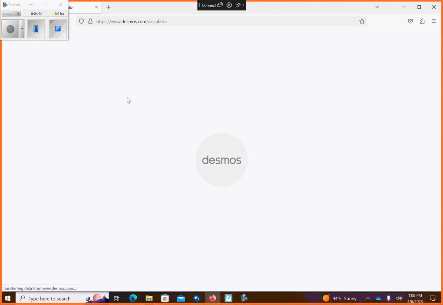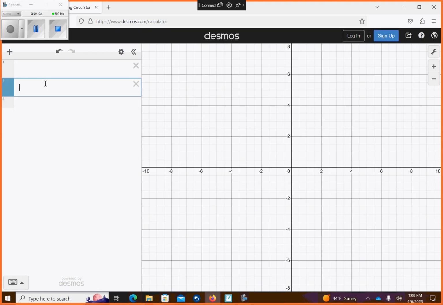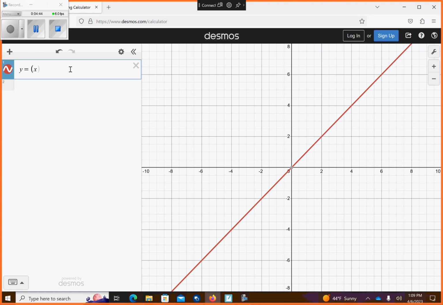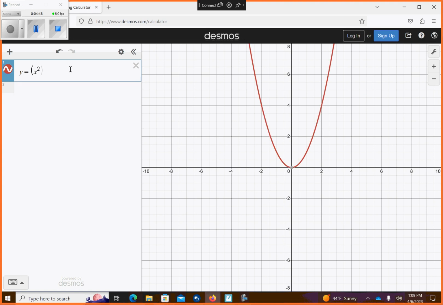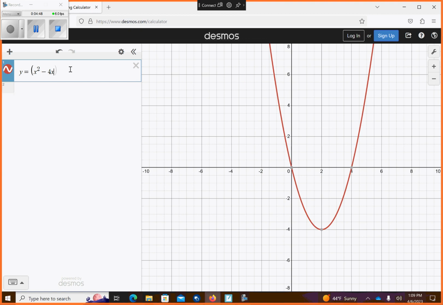Graphing calculator. So y equals quantity x squared minus 4x, quantity squared.